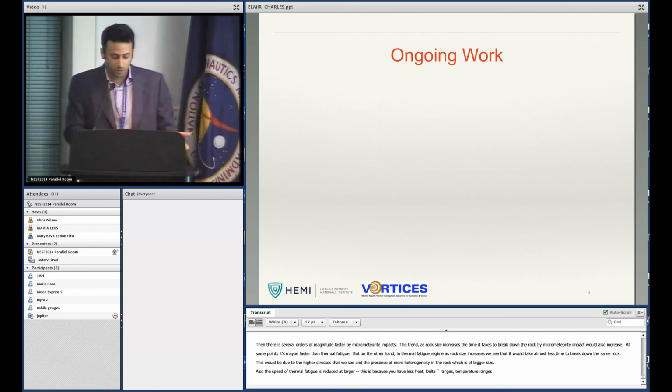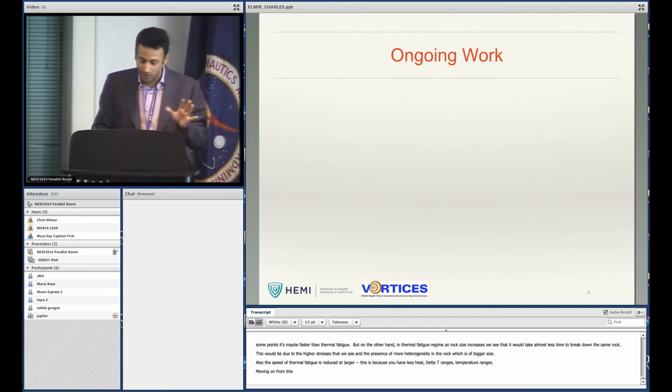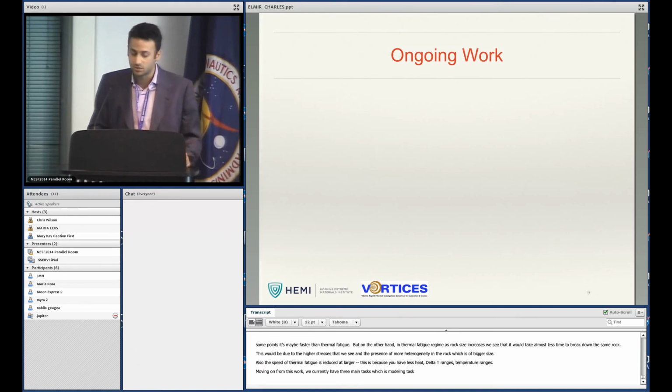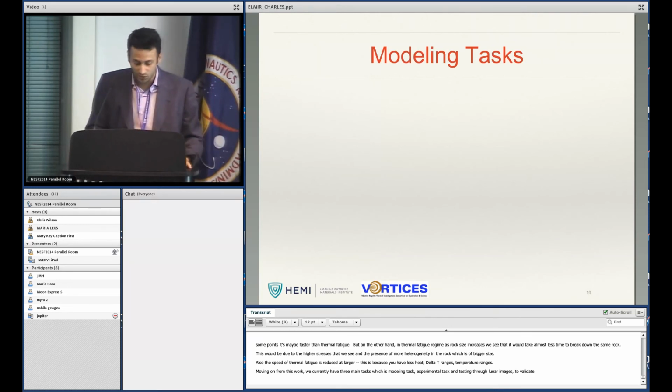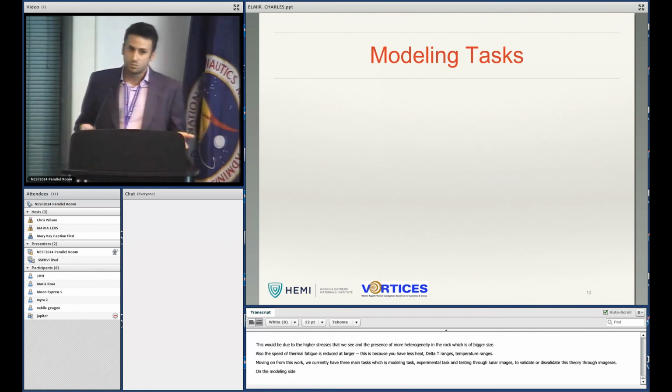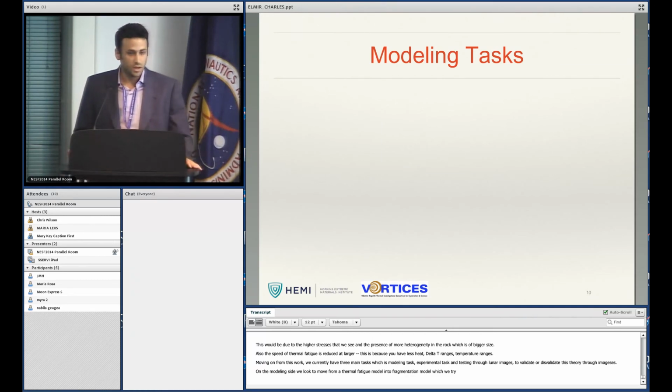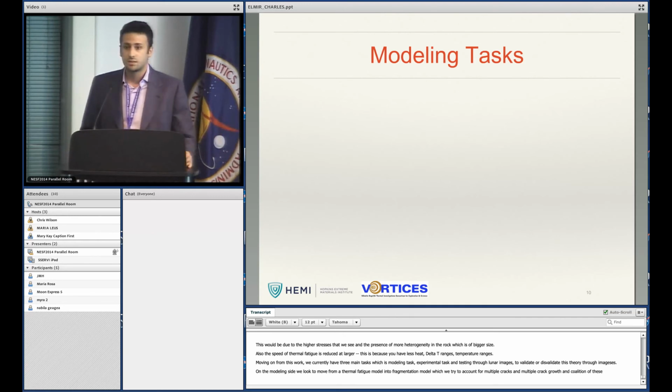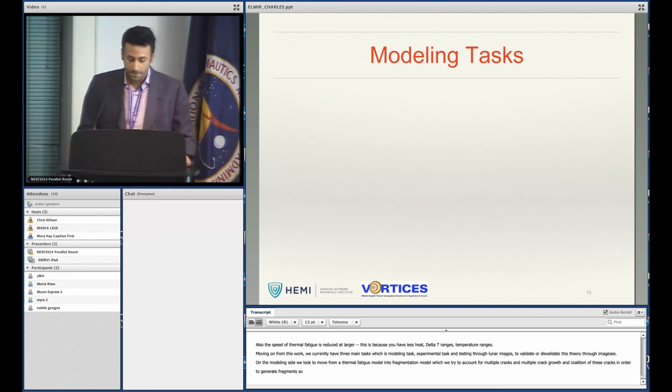So moving on from this work, we currently have three main tasks: a modeling task, an experimental task, and testing through lunar images, trying to validate or invalidate this kind of theory through lunar images. On the modeling side, we look to move from a thermal fatigue model into a thermal fragmentation model, in which we try to account for multiple cracks and multiple crack growth, and the coalescence of these cracks in order to generate fragments, so we can get some kind of fragment size distribution.